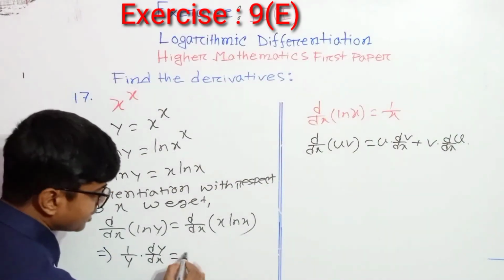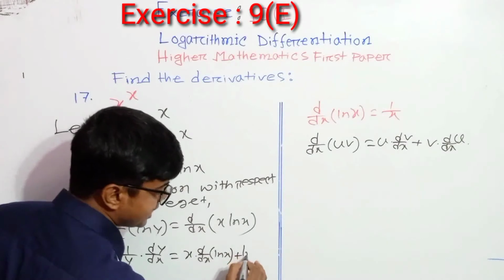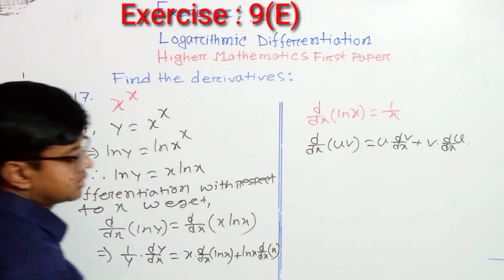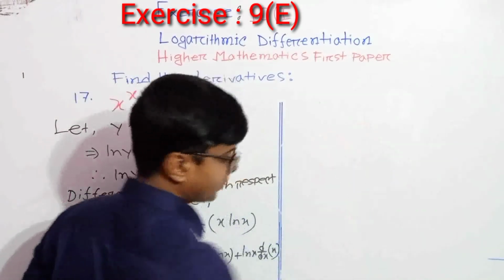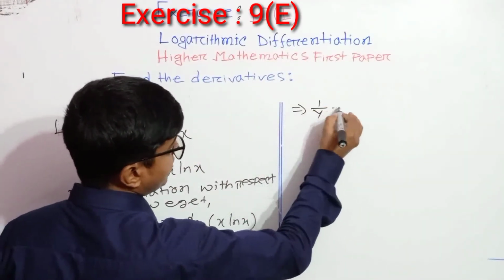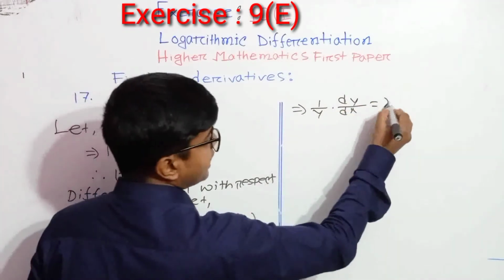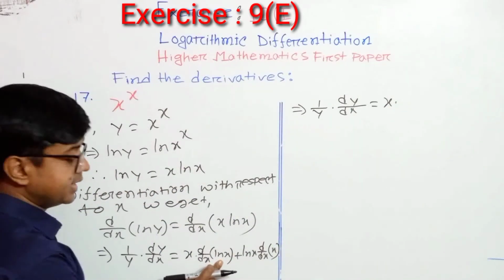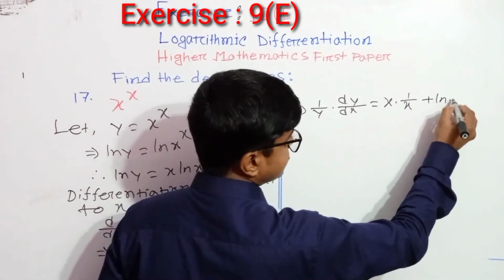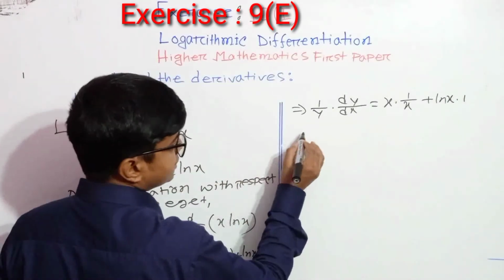So we can write x into d/dx of ln x plus ln x into d/dx of x. Now after this line, we can write here 1 by y into d/dx of y equals to x into, here d/dx of ln x, it will be 1 by x, and here plus ln x into d/dx of x, it will be 1.